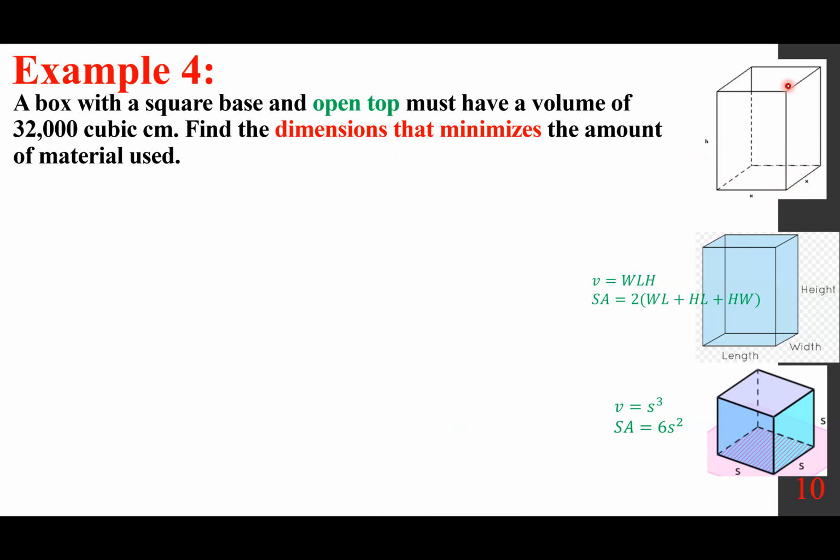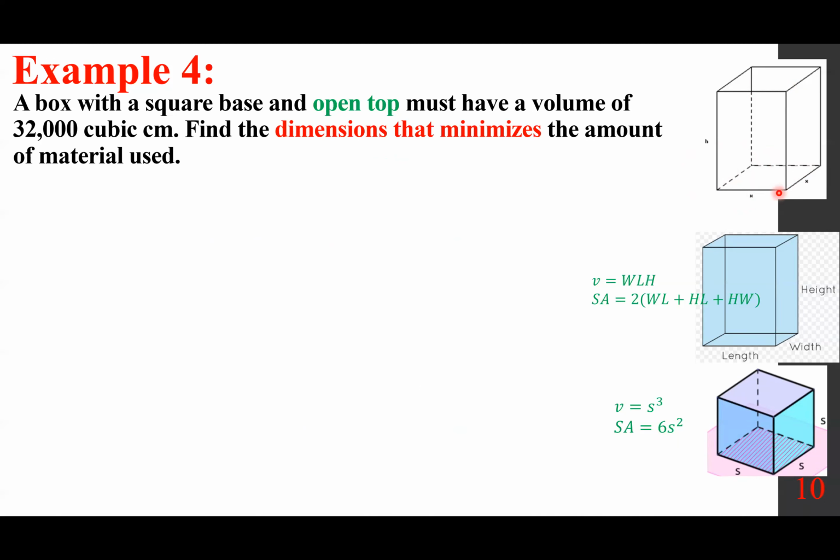So if we were to find the dimensions that will minimize the amount of material, that means we want to minimize gift wrapping. The walls would be x times h, and there are 4 of them. They're all identical. The bottom is x squared.